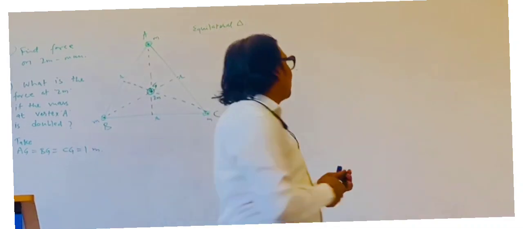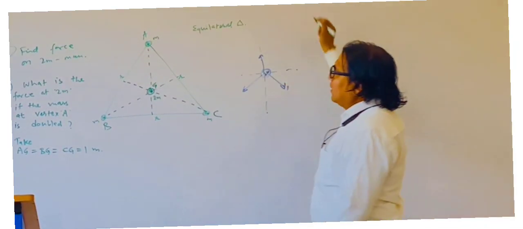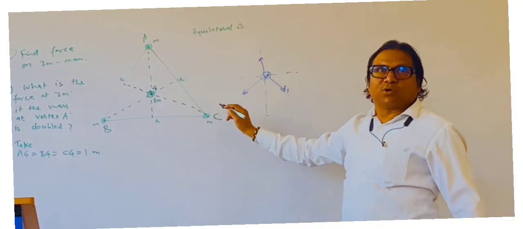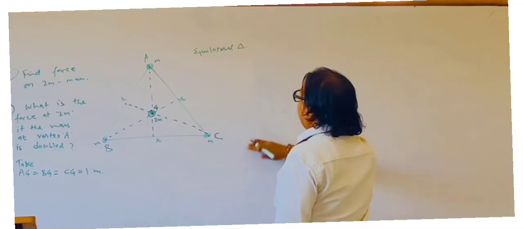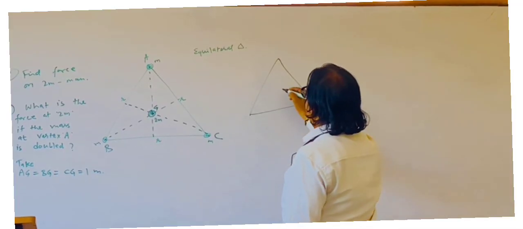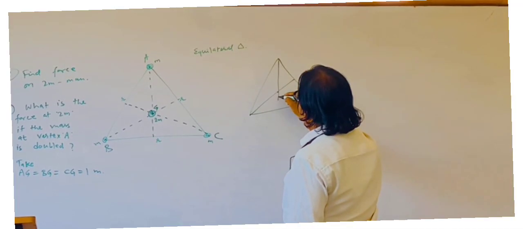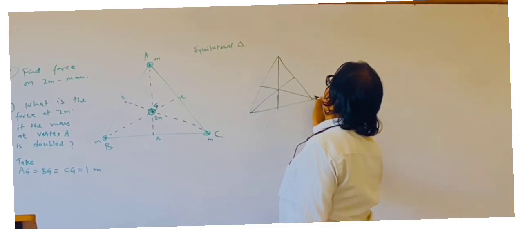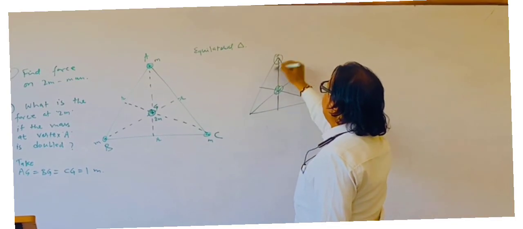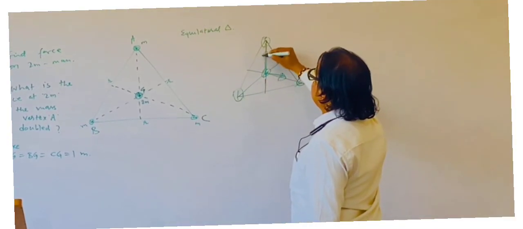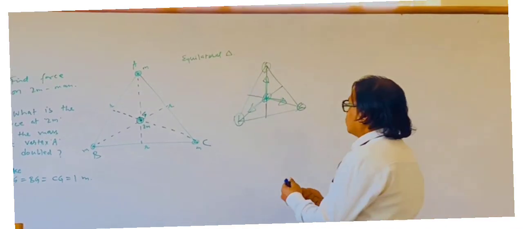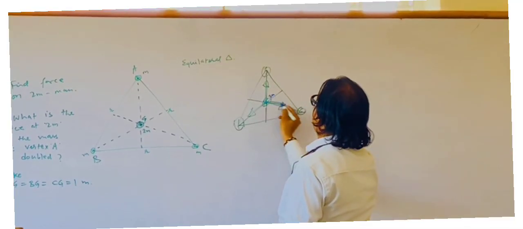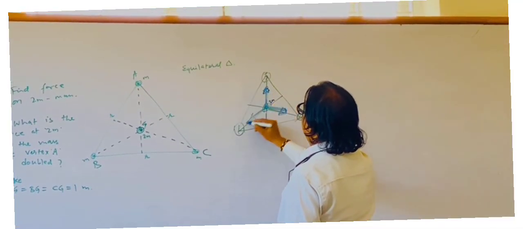So better to think that this is simply an equilateral triangle. In an equilateral triangle, if this is the centroid, one force will be towards this, one force towards this, and one force towards this.